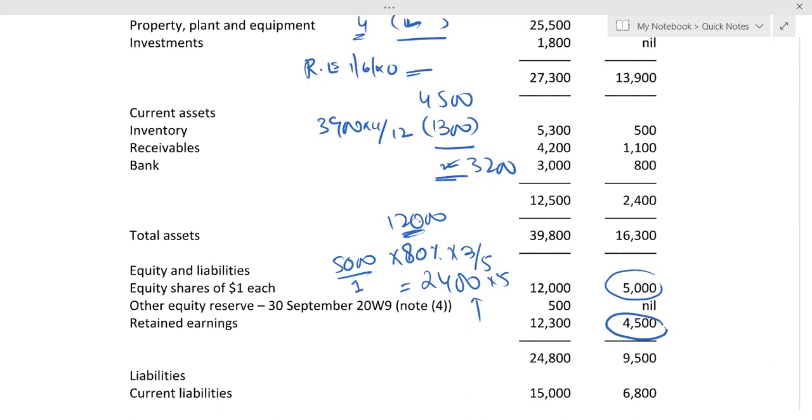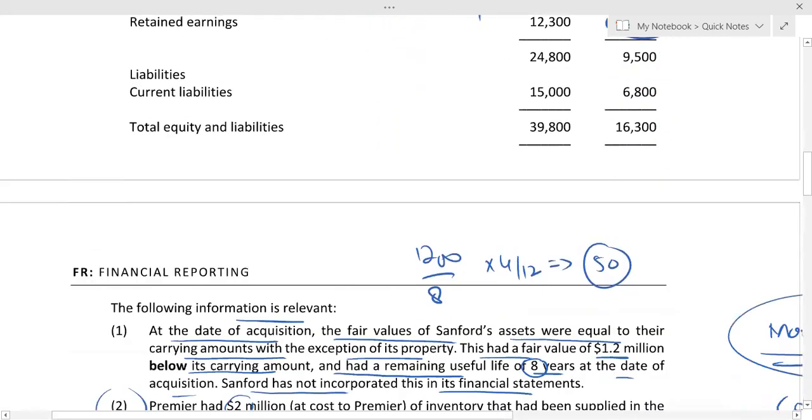It means logically parent has issued 2,400 shares. We know that par value is 1, so parent share capital will increase by 2,400, and the value over and above the 2,400 will be taken as share premium. We will do that because it is written that parent has not recorded this transaction.